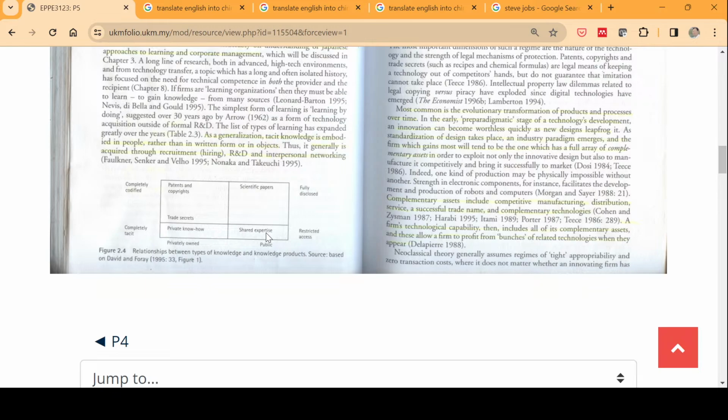However, this is again restrictive in terms of access. However, it is becoming more public rather than publicly owned. Privately owned. So this is a generic diagram. We call it generic to generalize.